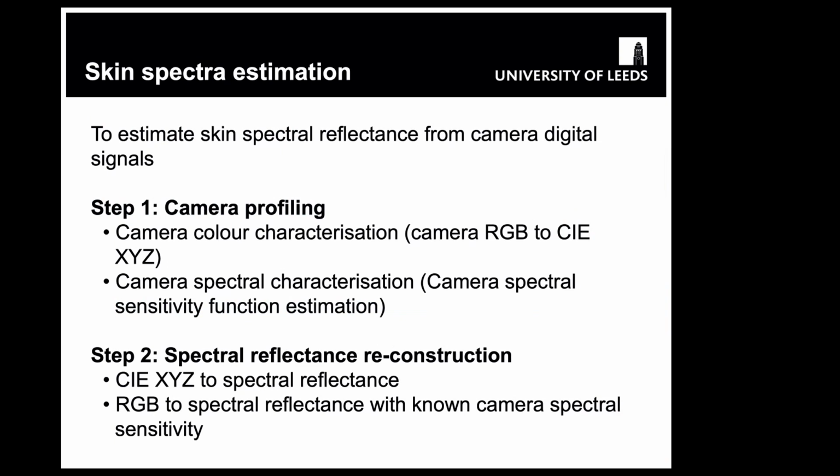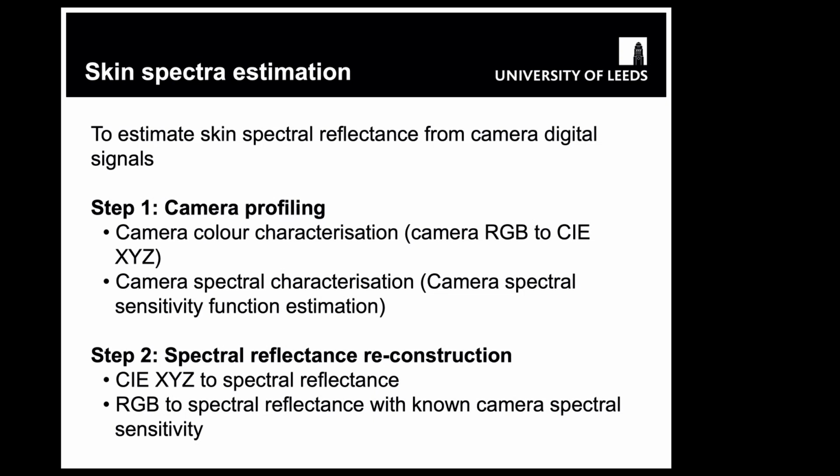In a very simple way, to do the spectral reflectance estimation, generally there are 2 steps. The first step is about your camera, okay? Either you do the camera color characterization, or you do the camera spectral characterization.